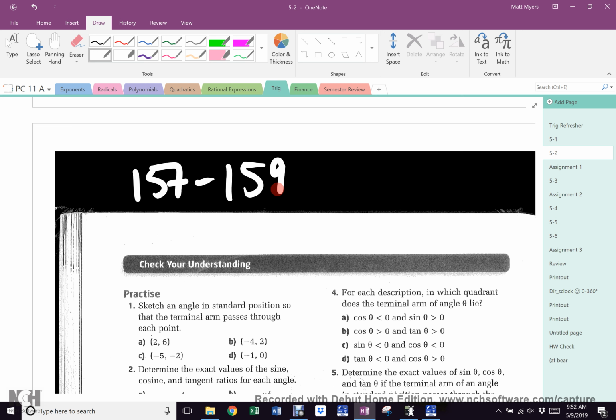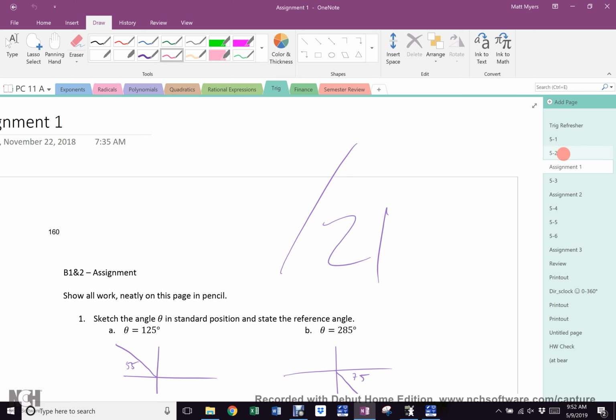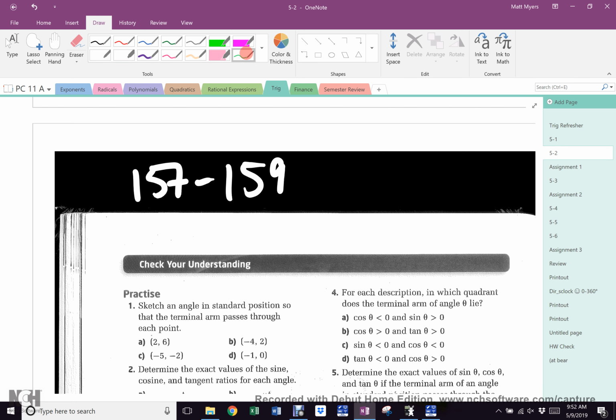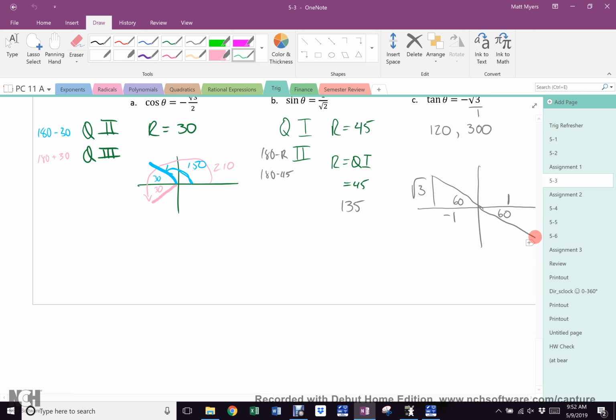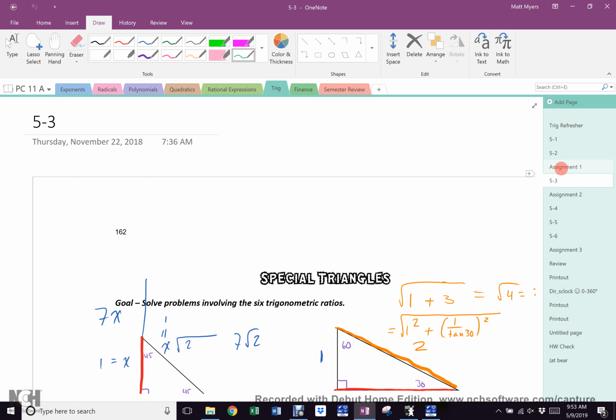Now here's where we get snaky on them. What's the next thing? Assignment. That assignment begins on page 160, to whatever it ends. I can't remember when it ends. It ends at 161. It's only one page. Yes.